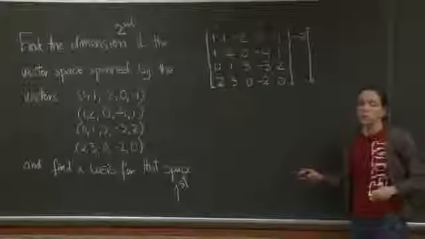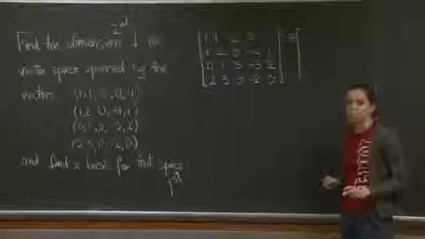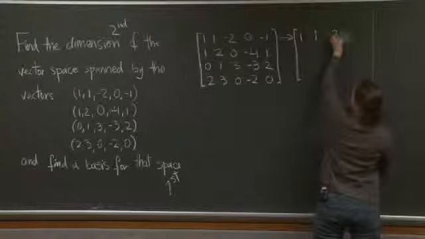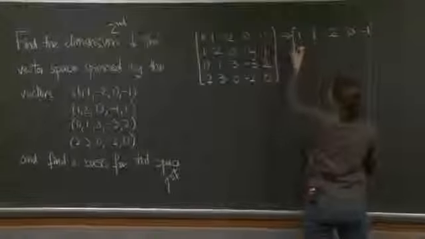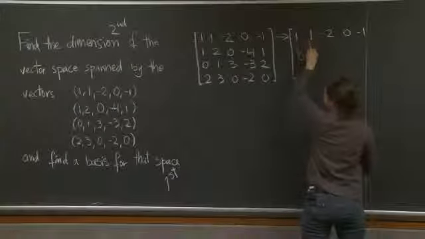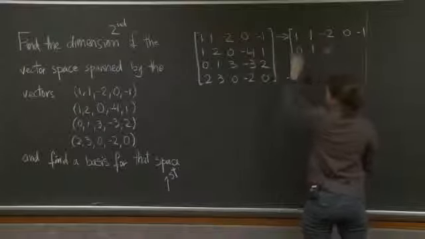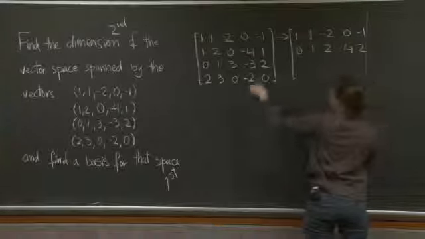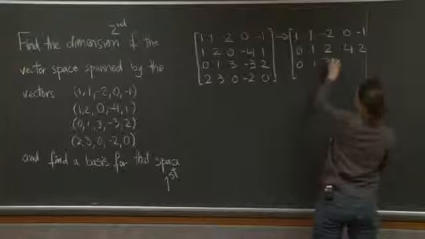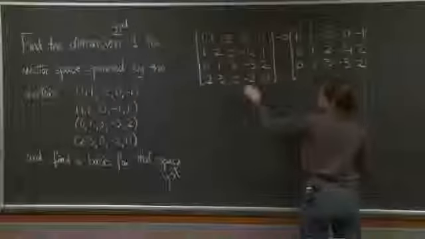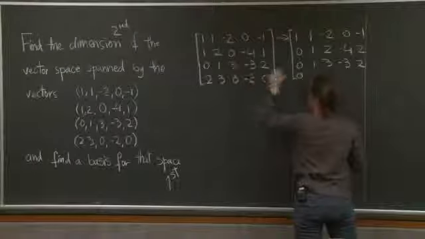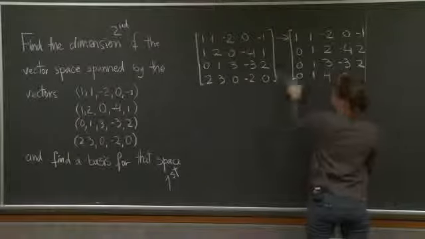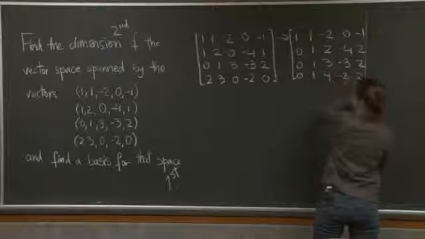All right, by now you must have done elimination a million times, so I'll go a little bit faster. 1, 1, minus 2, 0, minus 1. Row 2 becomes 0, 1, 2, minus 4, 2. The third row is already done: 0, 1, 3, minus 3, 2. The fourth row becomes 0, 1, 4, minus 2, 2.